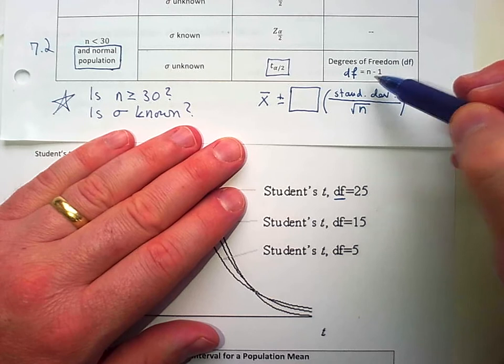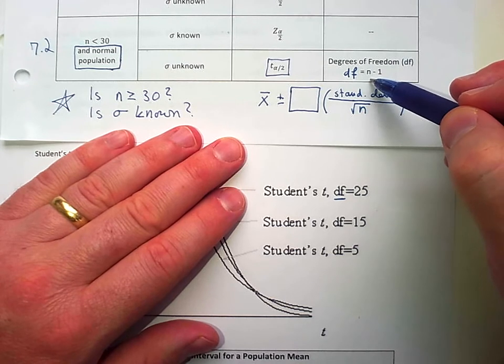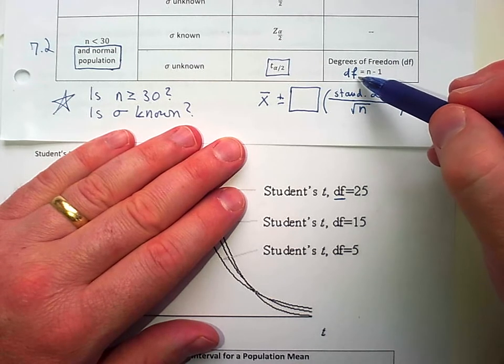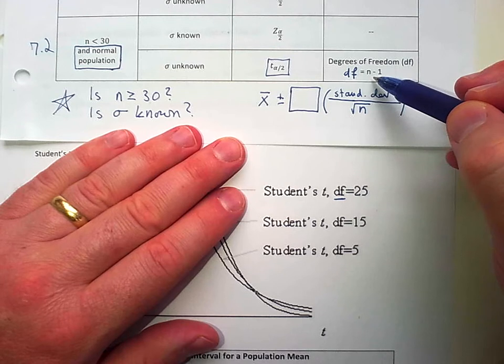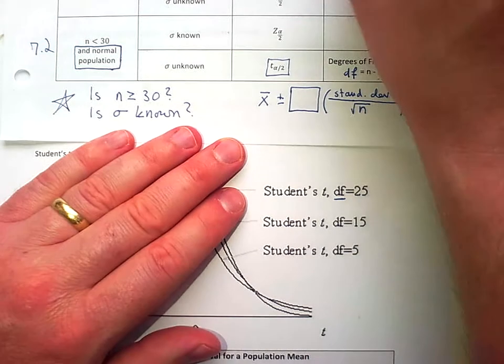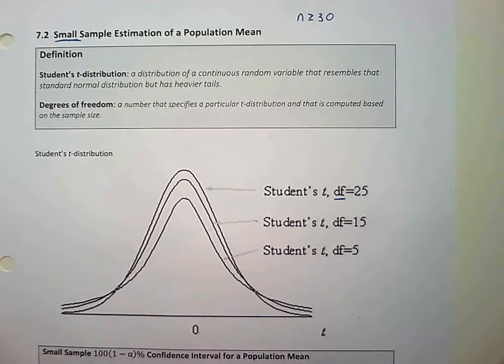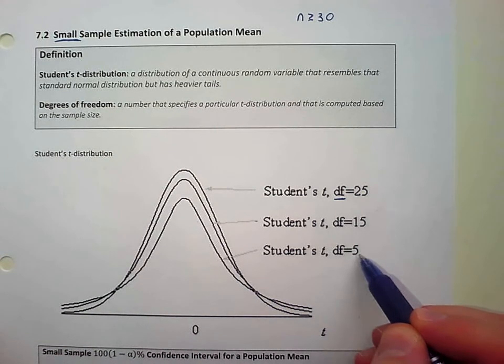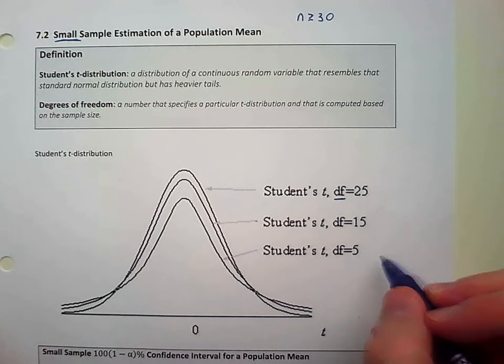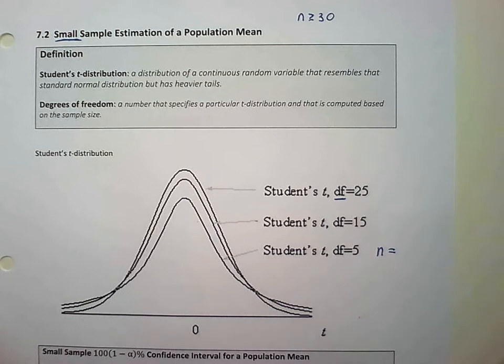That little n is still our sample size. So our degrees of freedom is just going to be 1 less than our sample size, or our sample size minus 1. So here, let's take a look at this. If degrees of freedom is equal to 5, how big is our sample size?